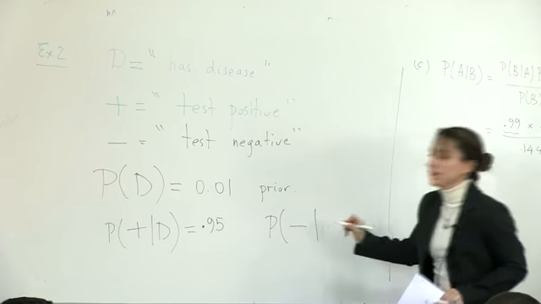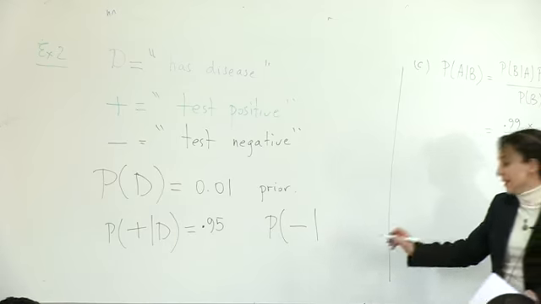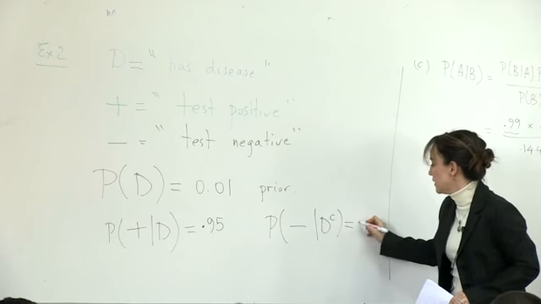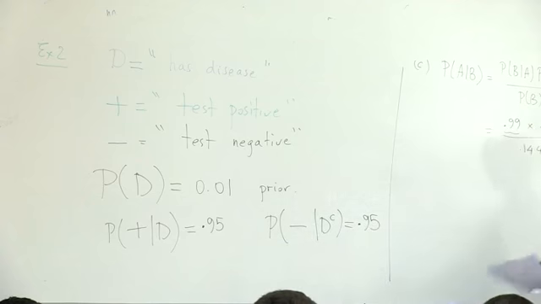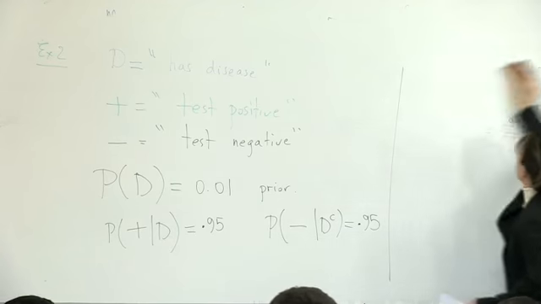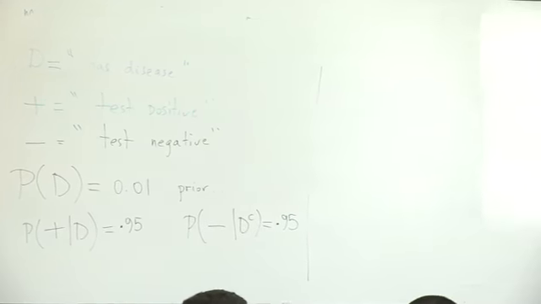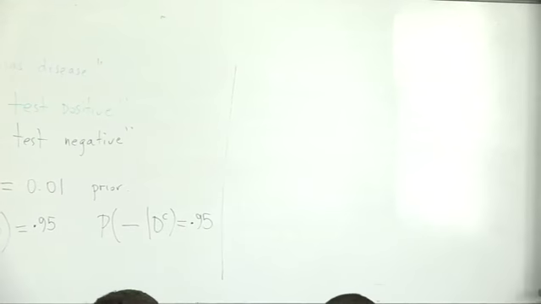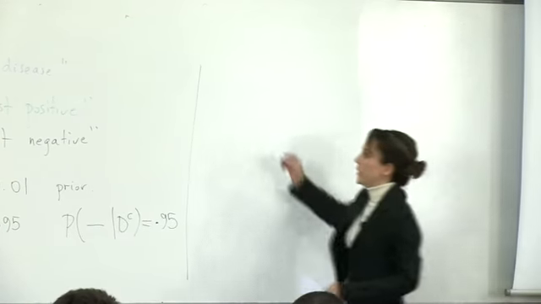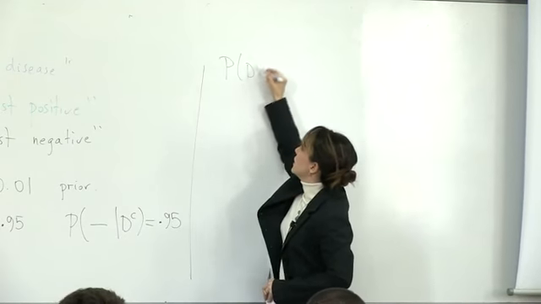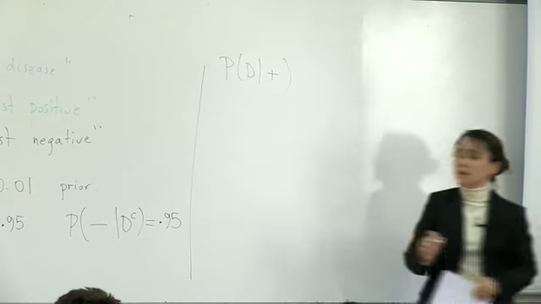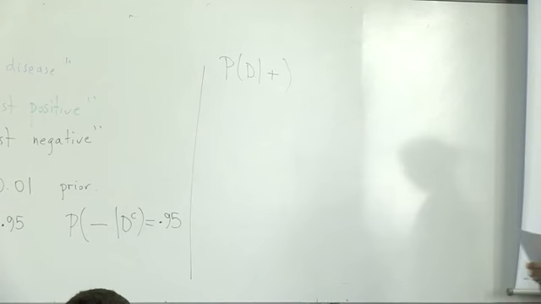Probability of testing negative given D complement, exactly, is again 0.95. So these are the givens of the problem. Now what are we asked to compute? We need to compute P of D given positive.